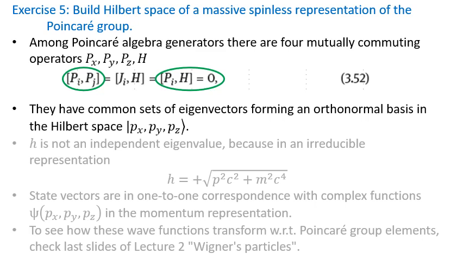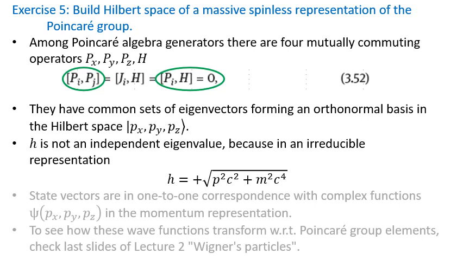According to basic quantum mechanics, in our Hilbert space, we can build an orthonormal basis of common eigenvectors of these 4 operators. Let us mark these eigenvectors with eigenvalues px, py, and pz. We omit the eigenvalue h because the operator of energy is not independent.